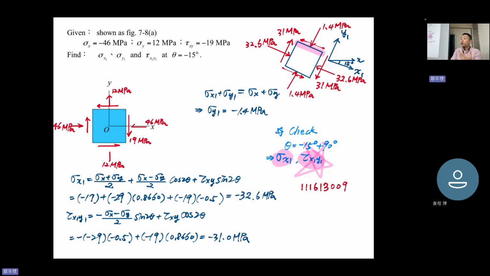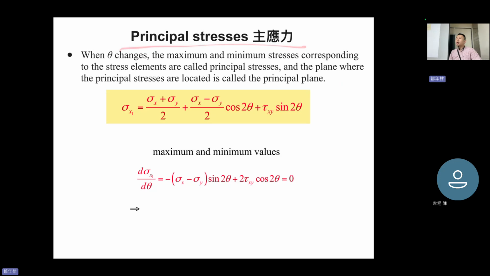Next one, I will tell you the principal stress. As you know, the logic flow is really similar to chapter 2 and chapter 3. After we done the formula, we found that actually it has sine and cosine. So which means that we have maxima or minima. Now, principal stress is actually assessing the maxima or minima in this form. So maxima or minima value, how to do that?